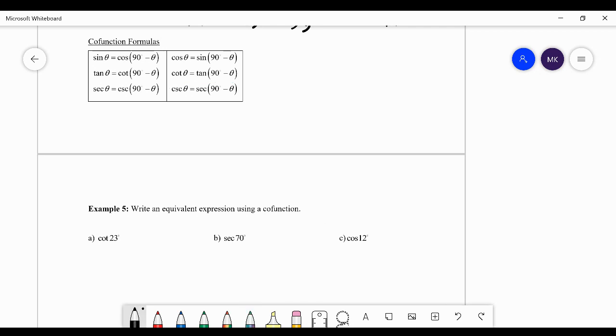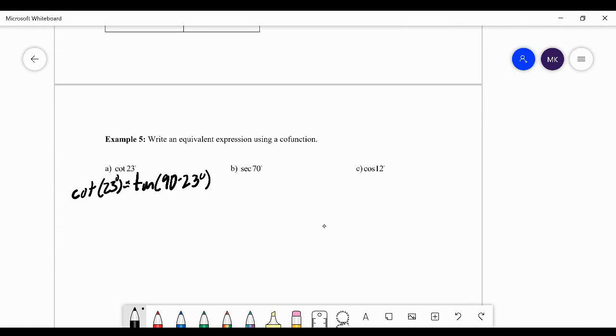So cotangent of 23 degrees is the same as the tangent of 90 minus 23 degrees.